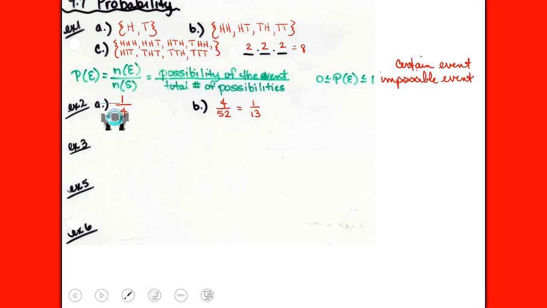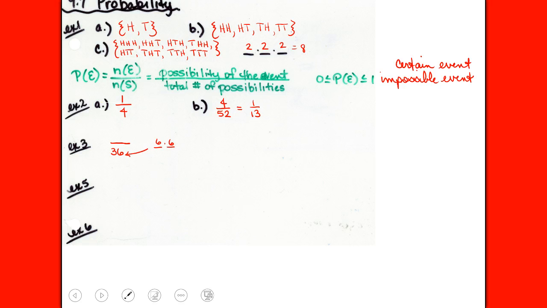Better way of doing that we learned in section 9.6 is to use the fundamental counting principle. The first one can land how many ways? The second one can land how many ways? So if I multiply those, I have 36 possibilities in my sample space, right? Then I need to go back and figure out how many different ways I can get the sum that they've asked for, which in this case is 7.